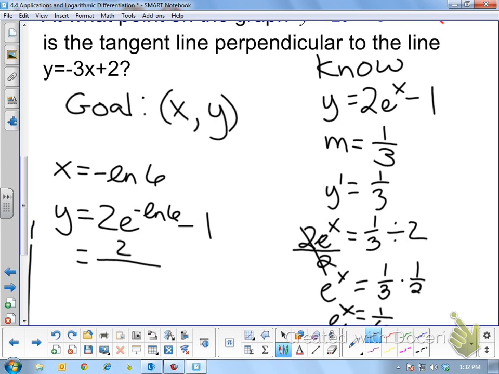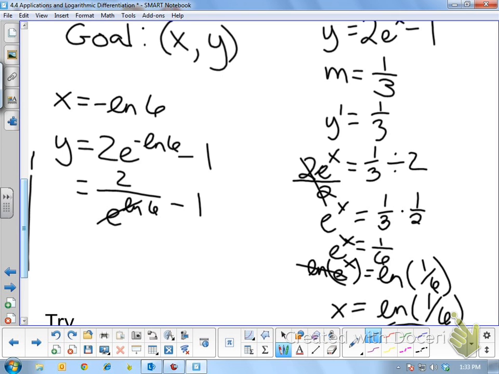So we have 2 over e to the ln 6 minus 1. And now that it's positive, we can do some canceling. Now I can cancel my e and my ln. We would have 2 over 6, which is the same as 1/3. Minus 1 is negative 2/3.